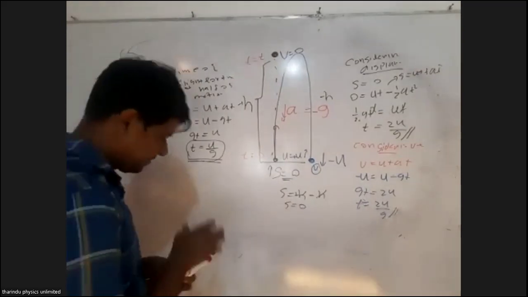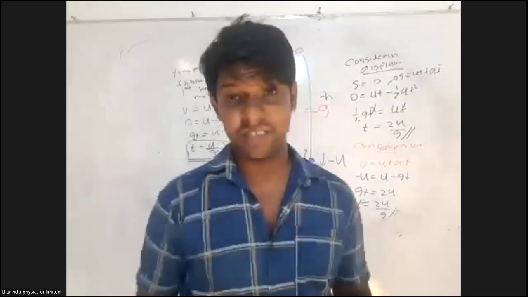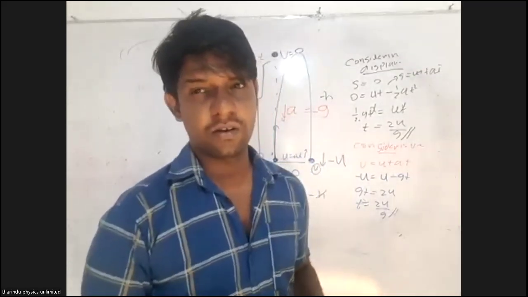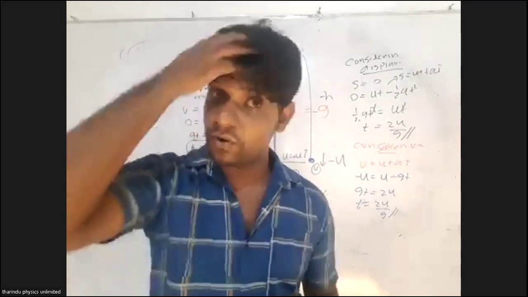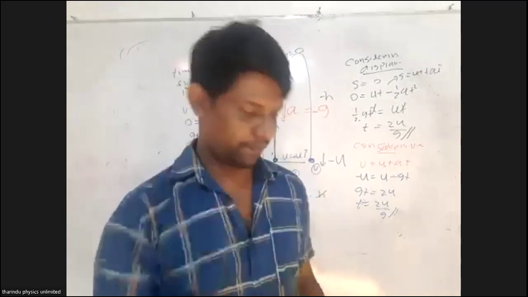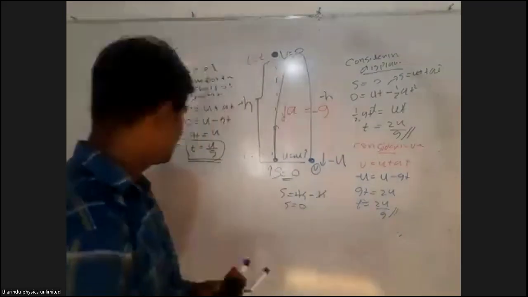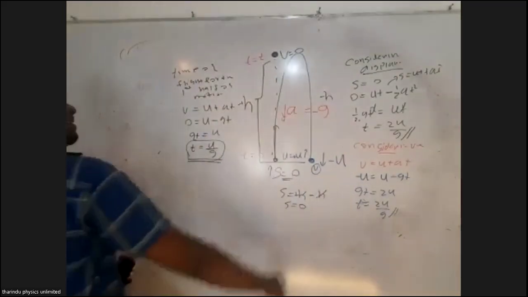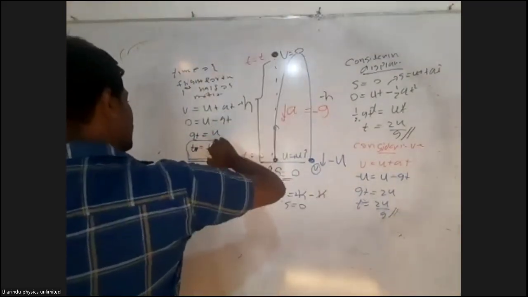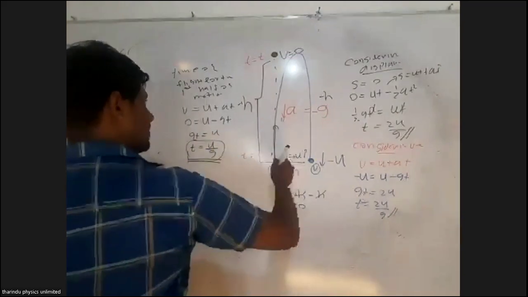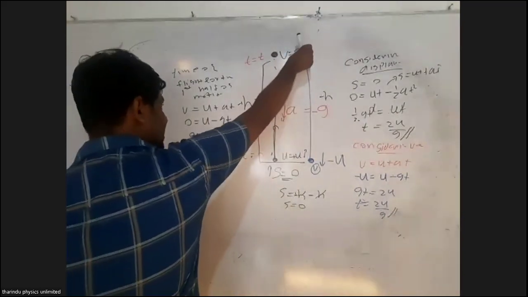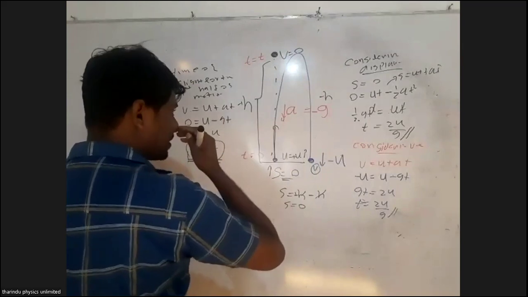There is a very simple method, but in physics we don't count that because we have to go for a kind of mathematical proof as well. Here the half time is U over G, only for the half motion. The next half should also be the same time.